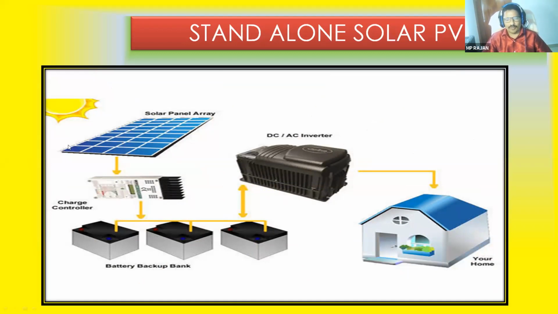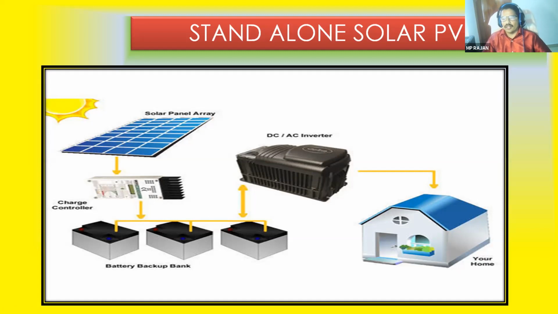As you all know, we have the main components: solar panel array, the battery, charge controller, inverter, and the loads. Apart from this, we have so many safety devices, protection devices, cables, wires, etc. So now we are familiarized with the solar PV system.